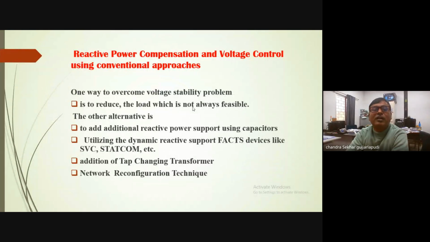But apart from that, nowadays people are also doing the same using network reconfiguration. This network reconfiguration is a way through which they change the structural part of a power network.